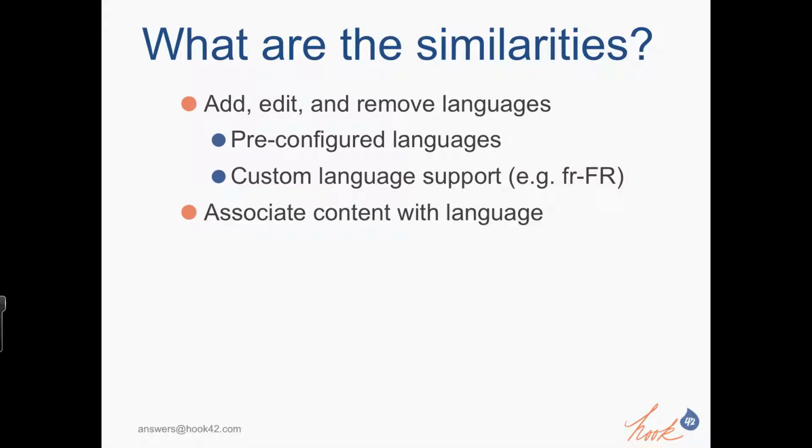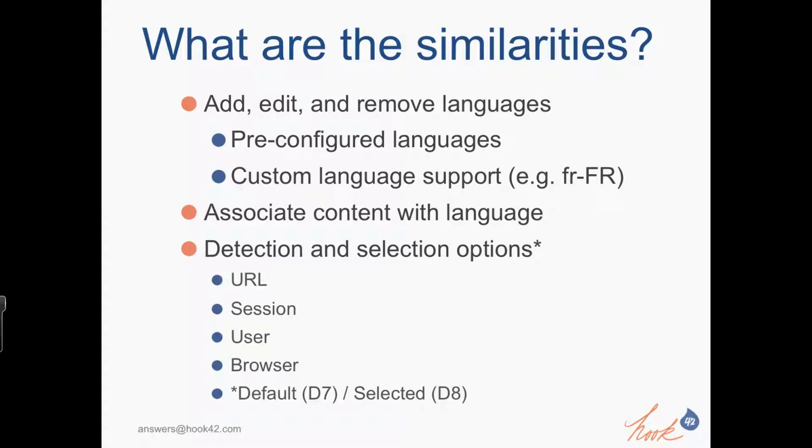You can associate content with language, but in Drupal 7, it's sometimes not as direct and easy to do that. And then also, who set up languages before on a Drupal 7 site when you have the detection area, so it's URL, session, user, browser. Those are very similar in Drupal 7 and Drupal 8, although there's some improvements and some extra bells and whistles in Drupal 8.